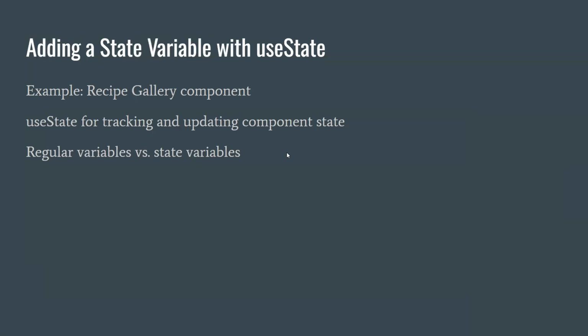Adding a state variable with useState. You can think of a recipe gallery component displaying a list of recipes, and if you want to update the displayed recipes when the next button is clicked, you might initially try to use a regular variable to track the current index, but this approach has limitations.